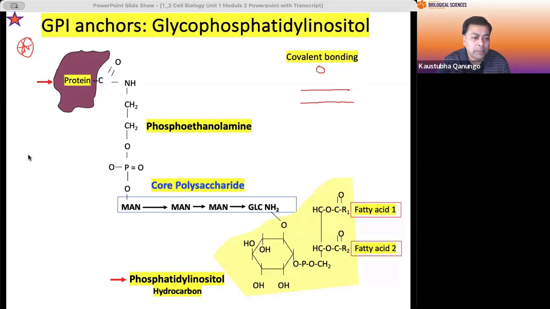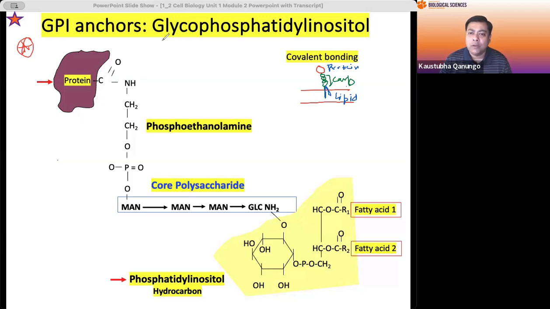After protein, you have a middle portion with carbohydrate, and then you have the last portion, which I'm painting in a different color, which is the fatty acid tail. So this top portion is the protein, then you have the carbohydrate, and then you have the lipid. So this is a glycoprotein, this is a glycolipid, everything.